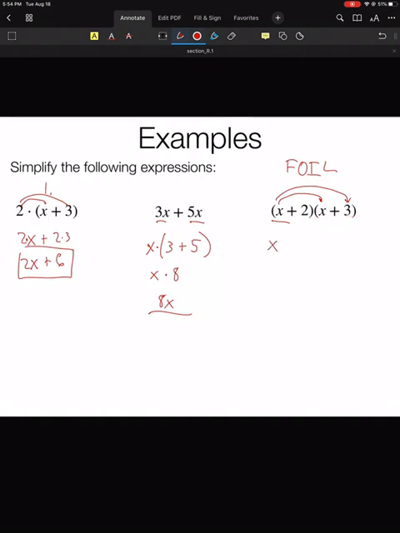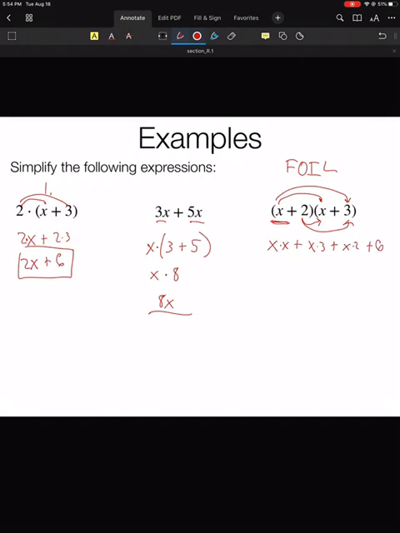And so I get x times x plus x times 3. So I distribute the first part of the first parenthesis expression to both, and then I do the same thing with the 2, plus 2 times x plus 2 times 3.